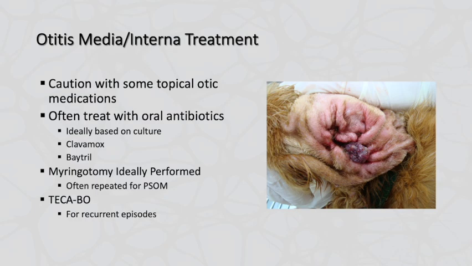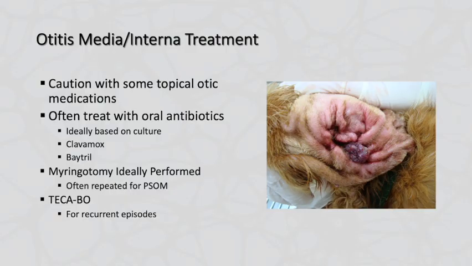But it's not common that I feel confident in the culture results, or we get culture results that are negative despite there being pretty nasty looking ears. And when we do a myringotomy, we can often get a lot of material out, but again, the cultures aren't always the most helpful, at least in my hands.